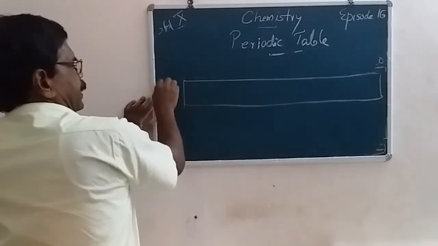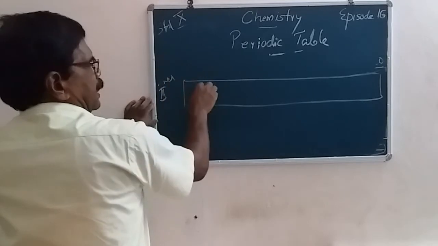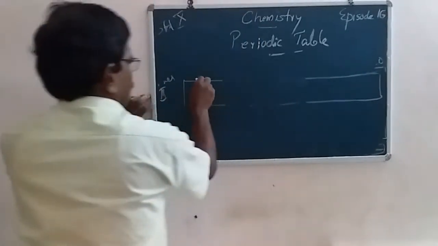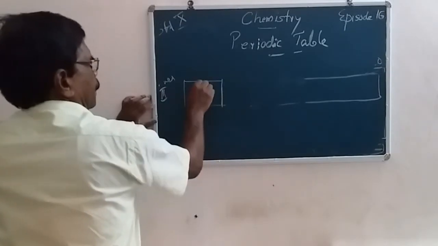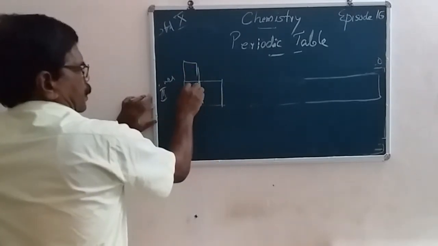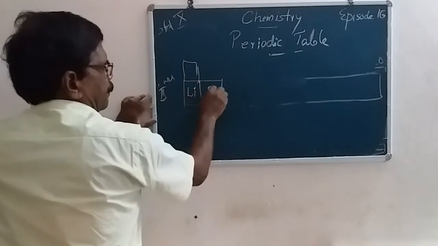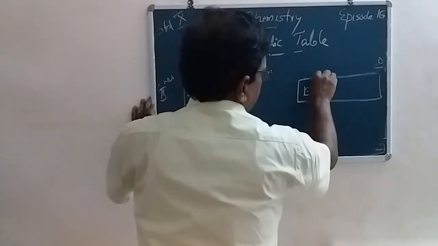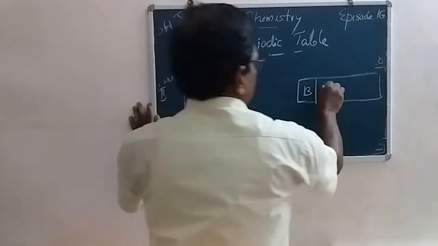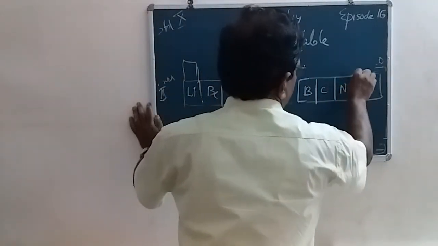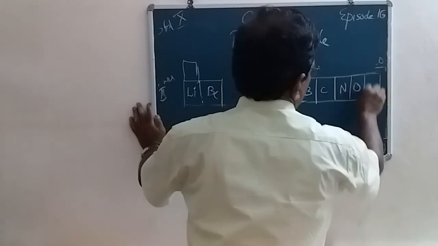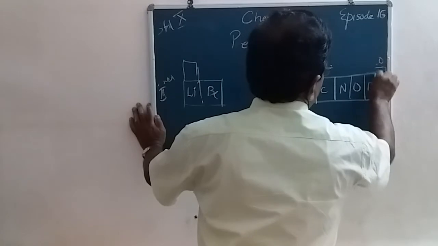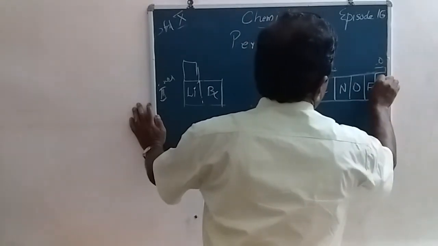In the second period, the elements are lithium, beryllium, boron, carbon, nitrogen, oxygen, fluorine, and neon.